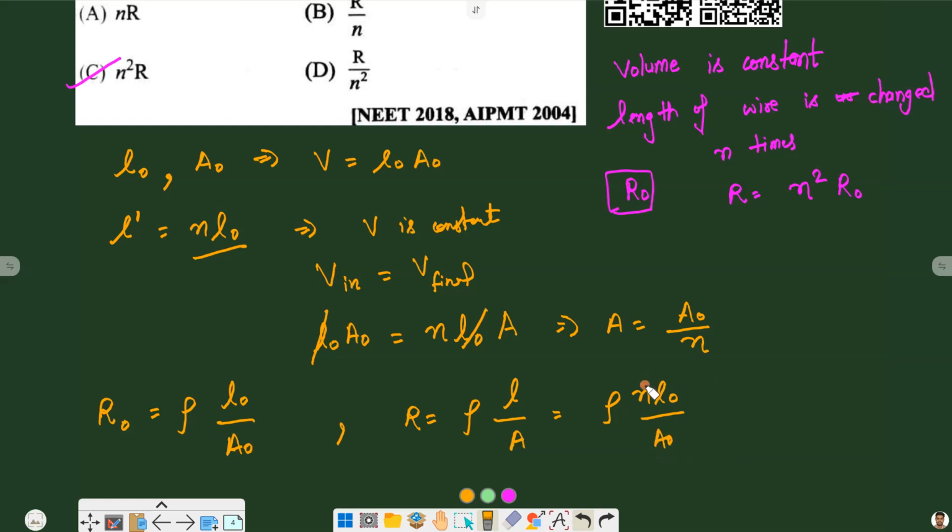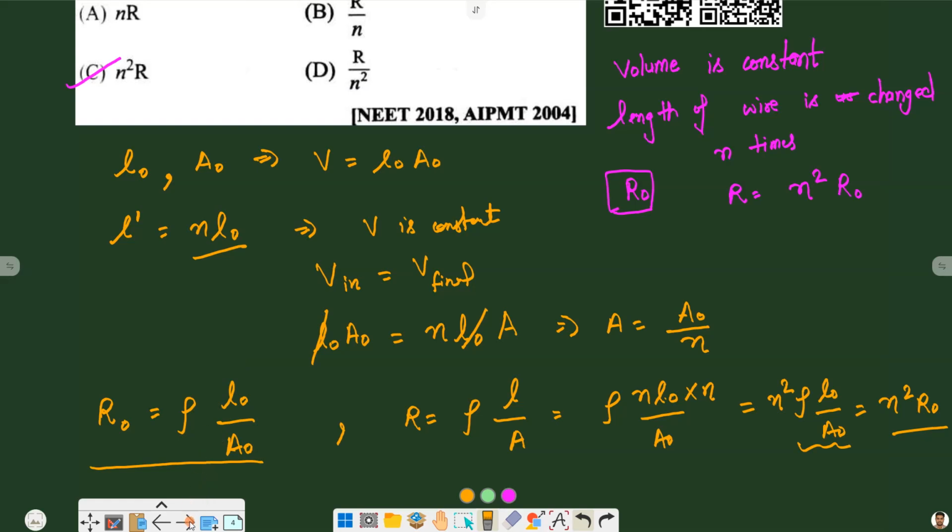So this n goes up and we will be left with rho times n square L node by A node, and this value is equal to old resistance times n square, so n square times R node. Option C will be the right answer.